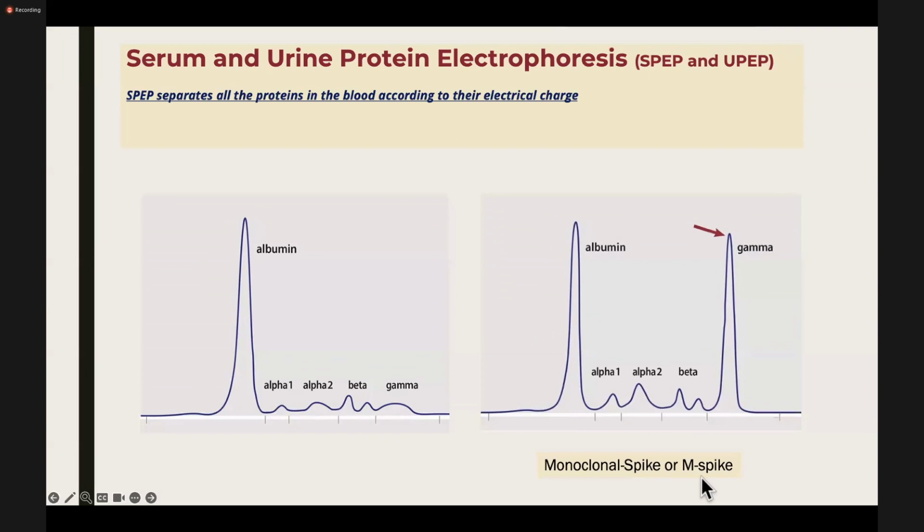They call it a monoclonal spike or M spike. Monoclonal spike just means that you're not supposed to have any spike except for the albumin. If you have any other spike, they call it monoclonal, meaning that there's one globulin that's spiking. And most of the time you see that with your multiple myeloma.